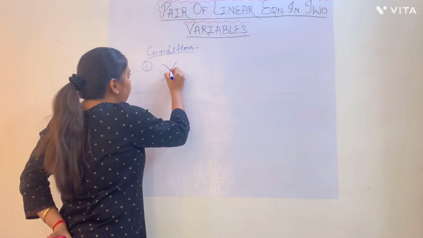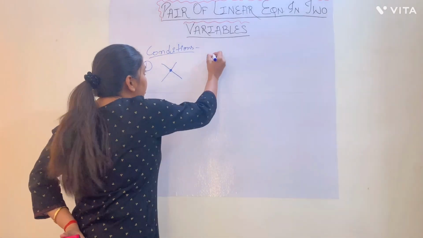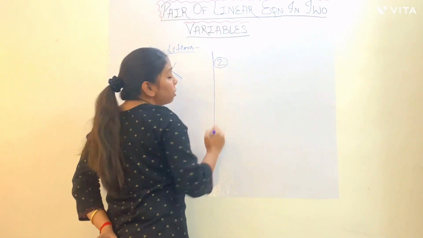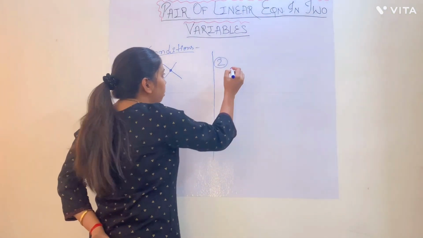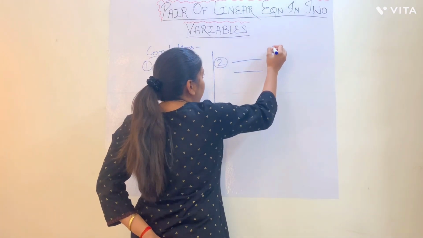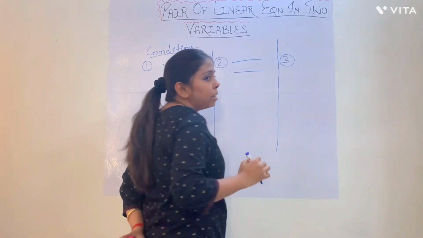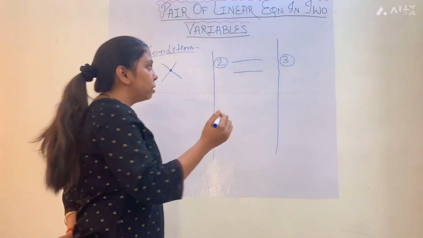This is the point. The second condition is that both lines are parallel to each other, like that. And the third condition is that both lines coincide with each other, like that.